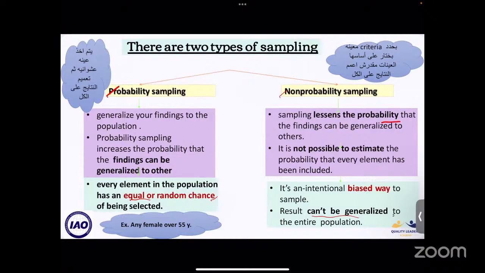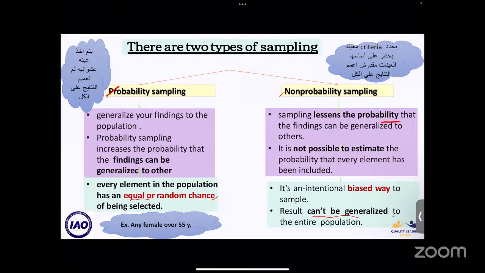So for example, if your population consists of females over 55 years old and you select individuals from this group randomly, that is probability sampling. But if you decide to select only those over 55 years old who also have high blood pressure, can your study be generalized to the entire population?